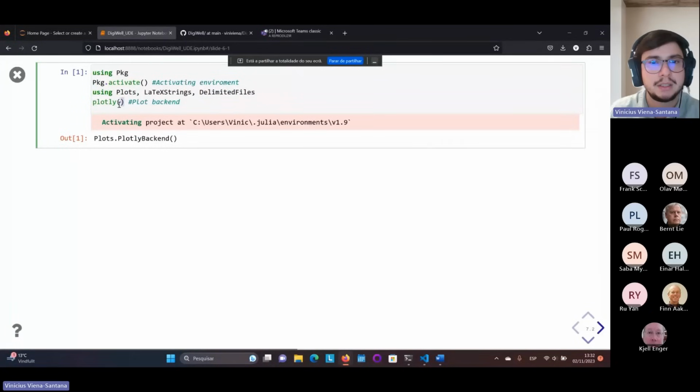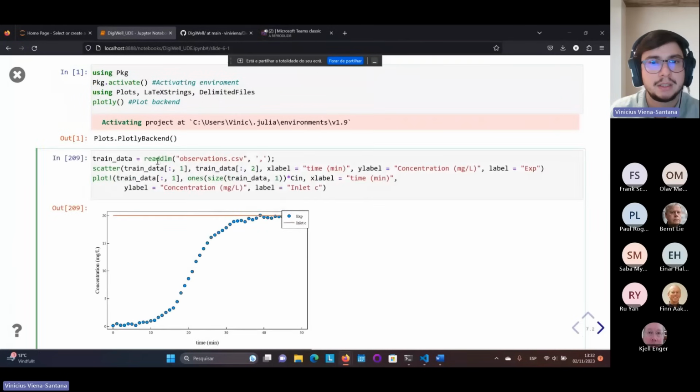Here I'm picking the Plotly backend because it's nice, it allows me to interact with the plots. I can load my data by using the readdlm function and then putting the separating element of my records. Then I can use the scatter and the plot functions from the Plots library to visualize it.